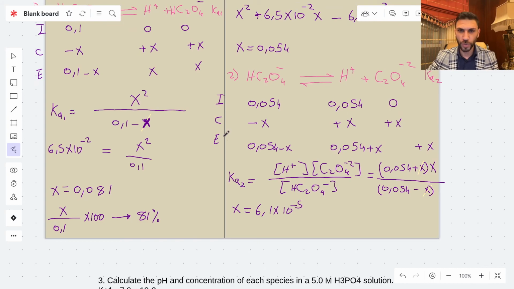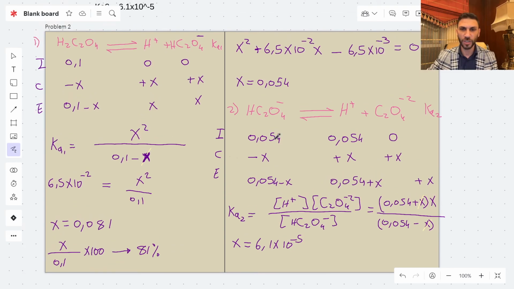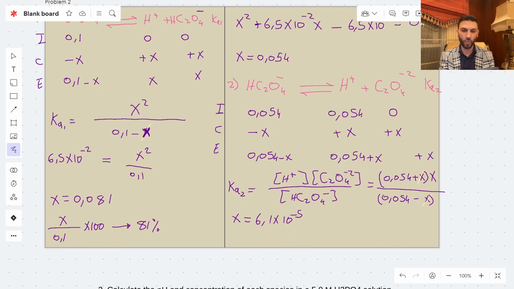Now, what we need to do is to check the approximation. So we will take this x and divide it by the initial concentration and multiply it by 100. So it's going to be 6.1 times 10 to the power of negative 5 divided by 0.054 multiplied by 100, which equals 0.11%, which is less than 5%. So we can accept this value of x. Now, this is x.